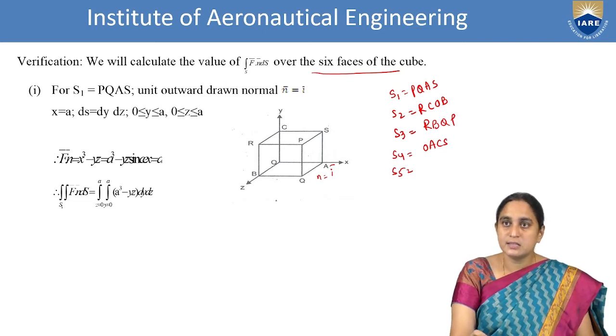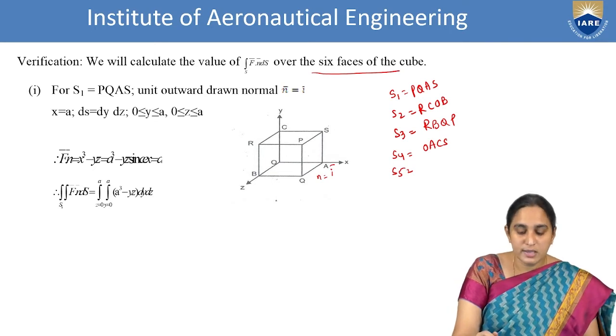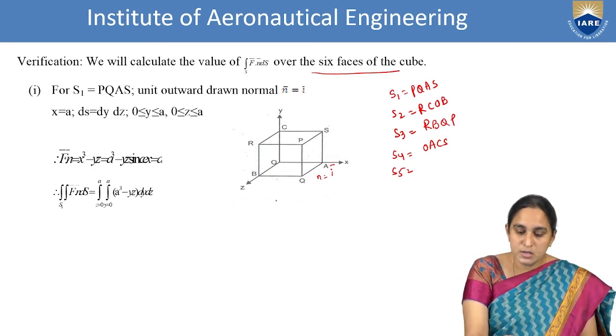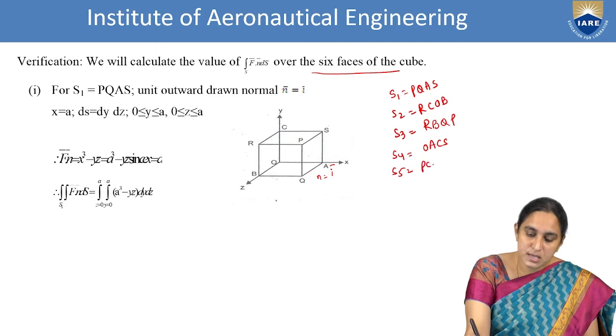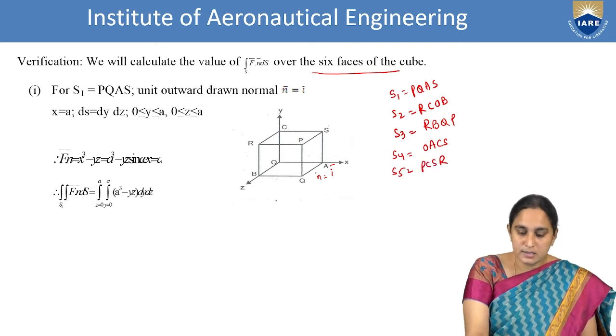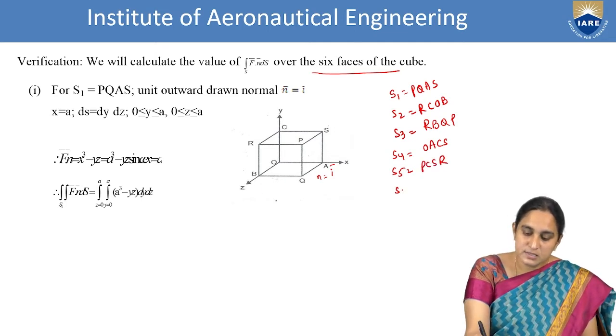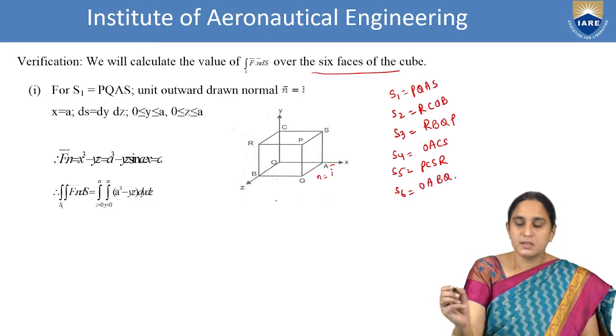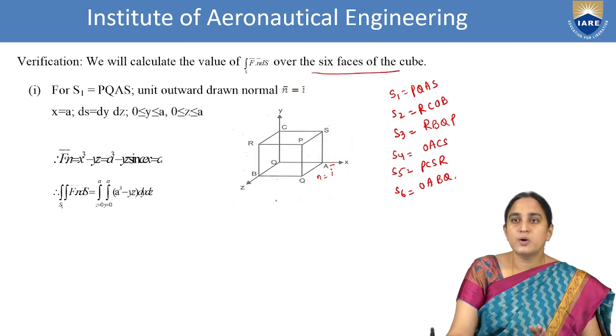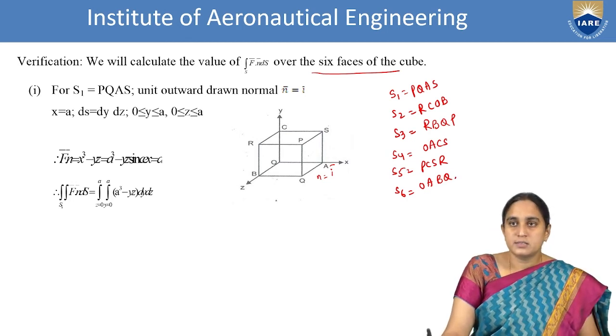Now I'll write the last ones. S5 and S6 are on the y-axis. They are PCSR and the last one, S6, is OABQ. These are the 6 faces: 2 on the x-axis, 2 on the z-axis, and 2 on the y-axis.